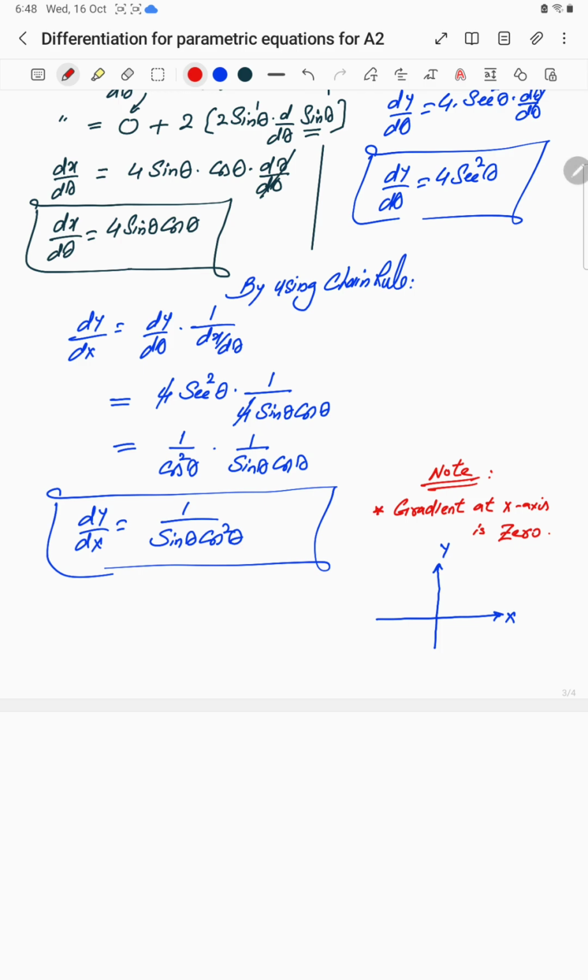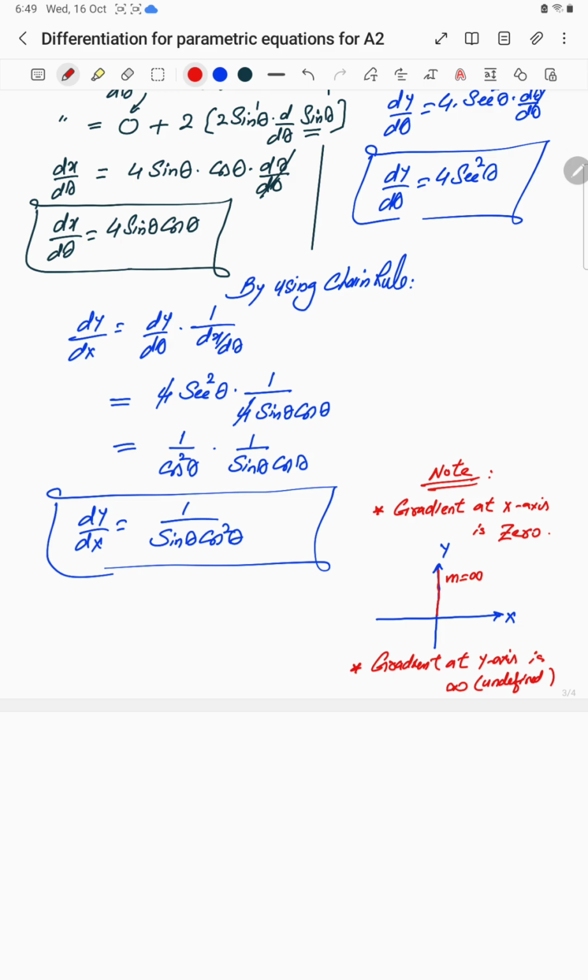And the second point is gradient at y-axis is not defined, or undefined, because we only have a rise and no run on the y-axis, so the gradient here will be undefined.